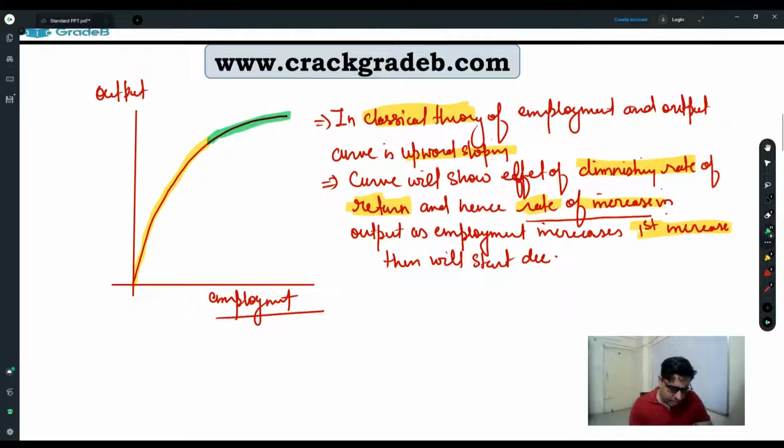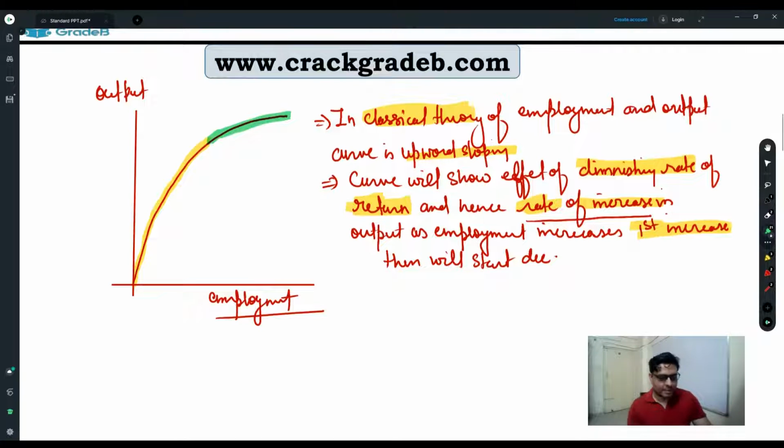It is diminishing rate of return, not dominating rate of return. Diminishing rate of return means what?